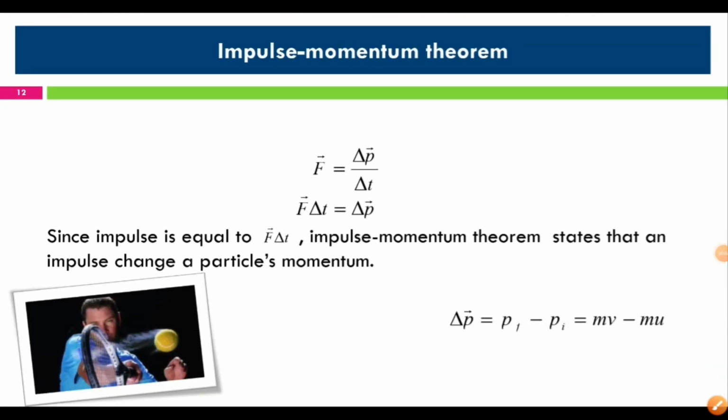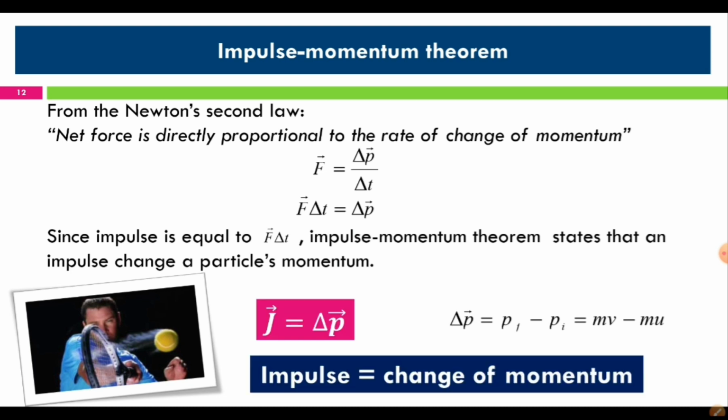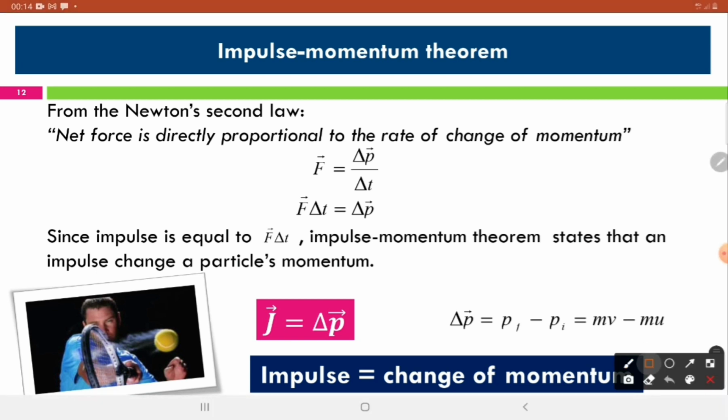Impulse momentum theorem. The impulse momentum theorem states that impulse J is equal to the change of momentum. According to Newton's second law, net force is directly proportional to the rate of change of momentum, or mathematically, F = delta P over delta t.